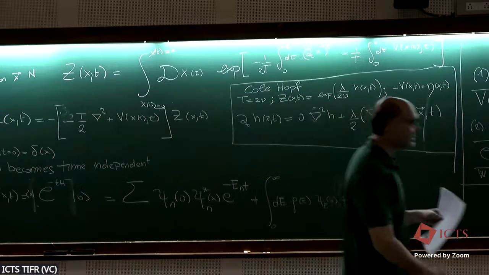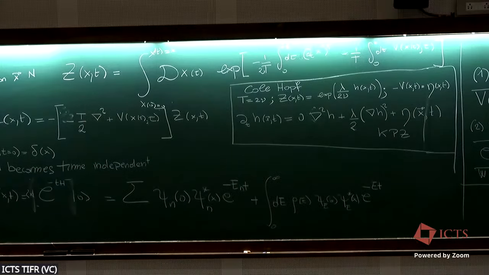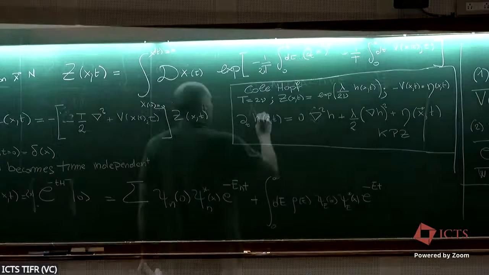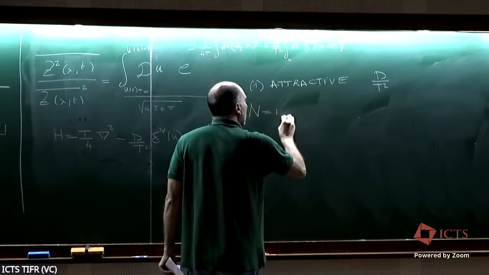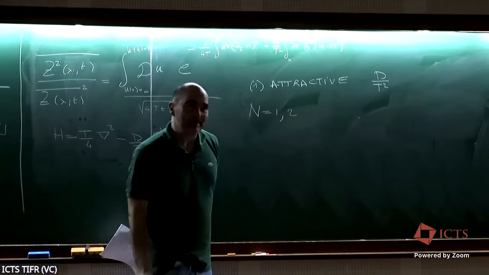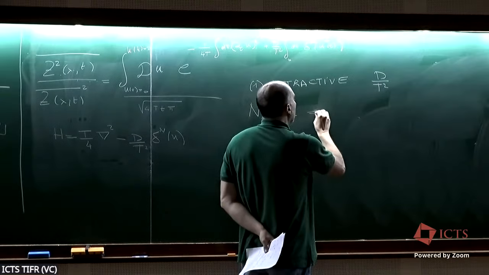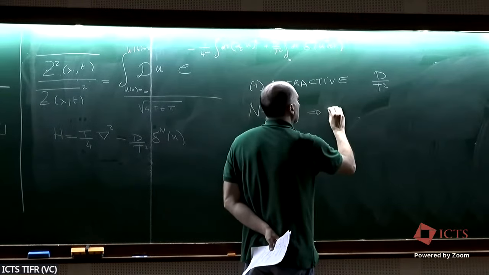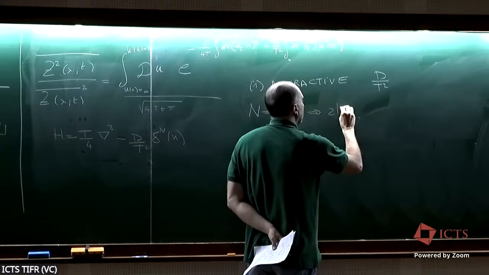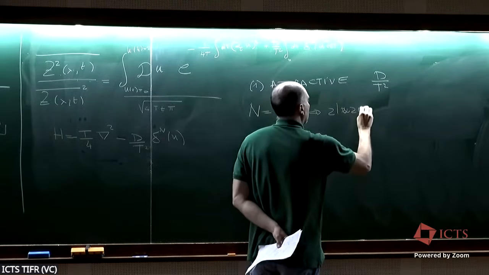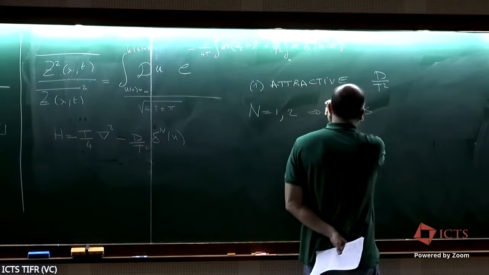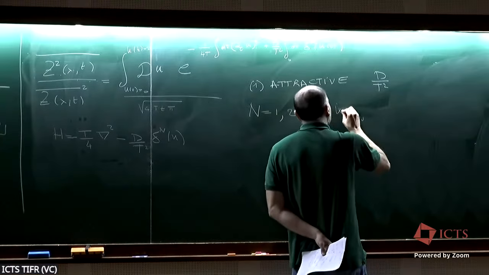So at the end, if you have a bound state, we know that not only in one dimension, but also in two dimensions, for n equal 1 and 2, we always have a bound state, always.